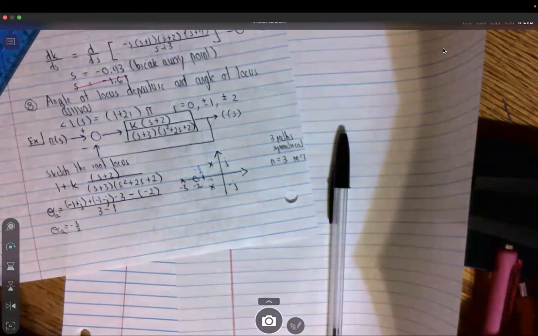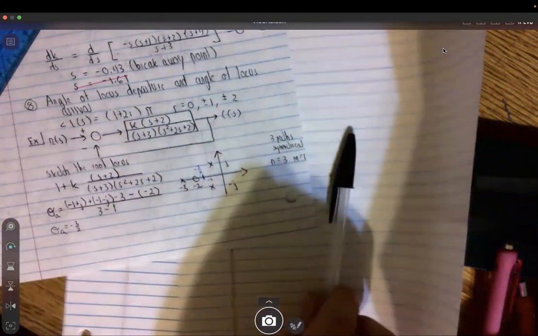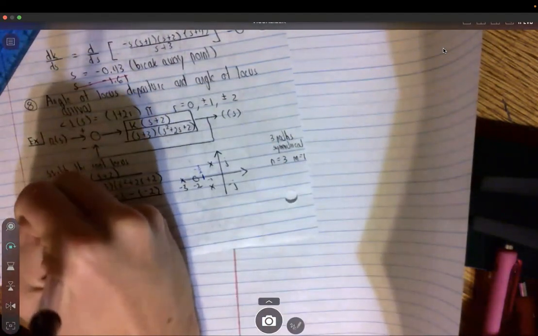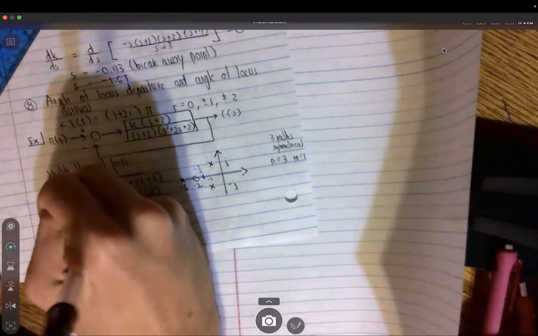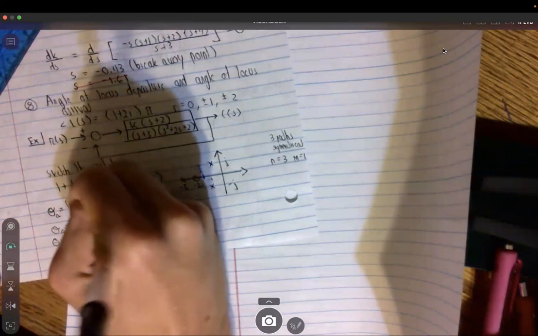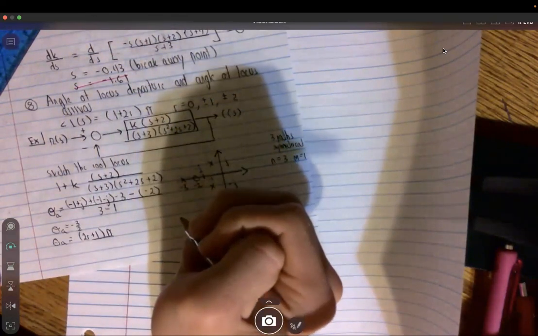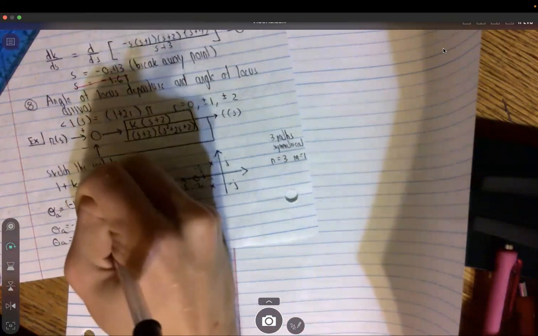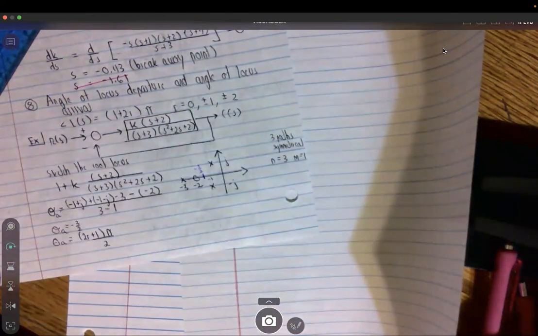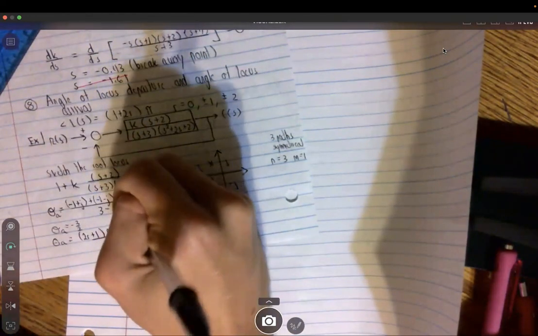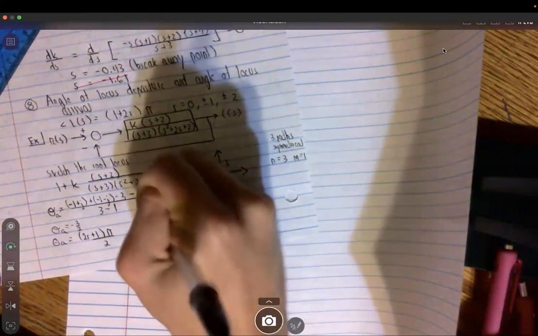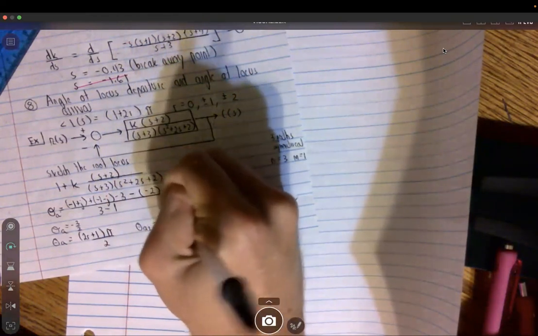Now we have to find the angle of those asymptotes. The angle of the asymptote is going to equal (2r plus 1) times pi all over n minus m, which is of course 2 because 3 minus 1 is 2. When r is equal to 0, you get pi over 2, so theta A1 equals pi over 2.